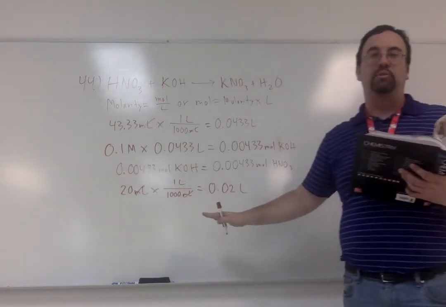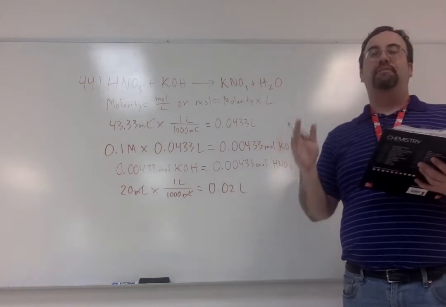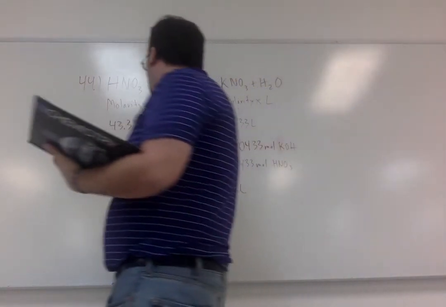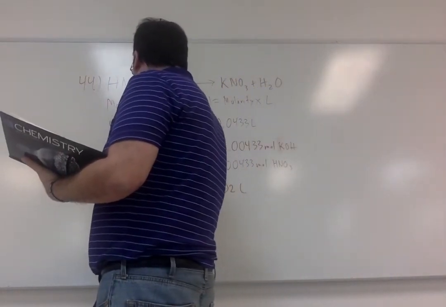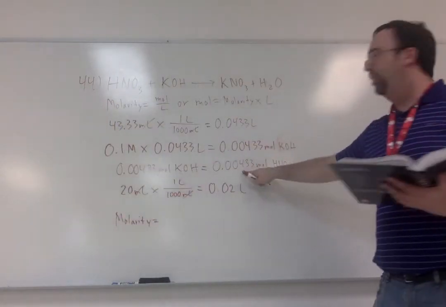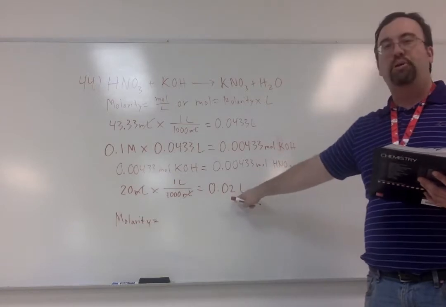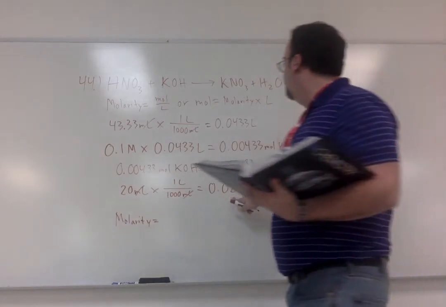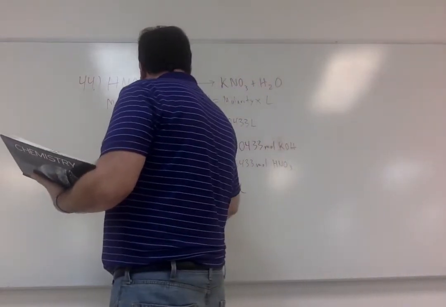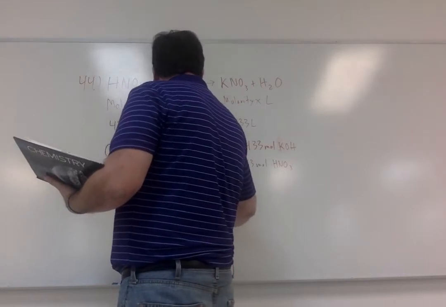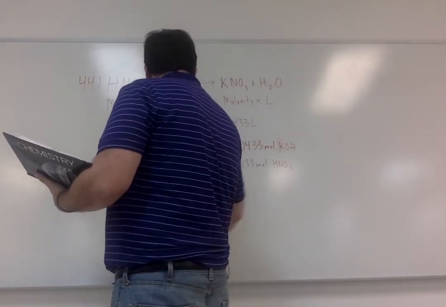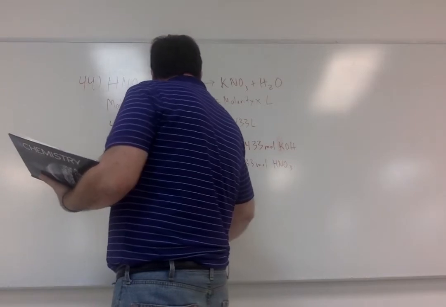Again, I have to do a conversion to go to liters. To find the molarity, all I need to do is take my 0.00433 mole and divide by 0.02 liters.